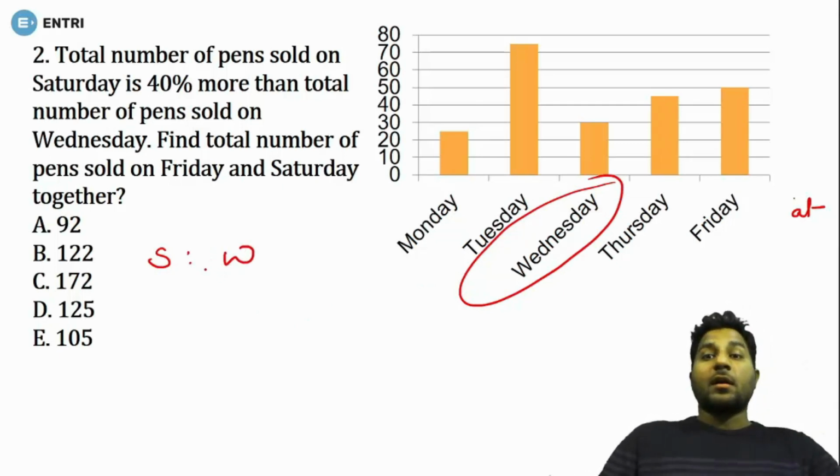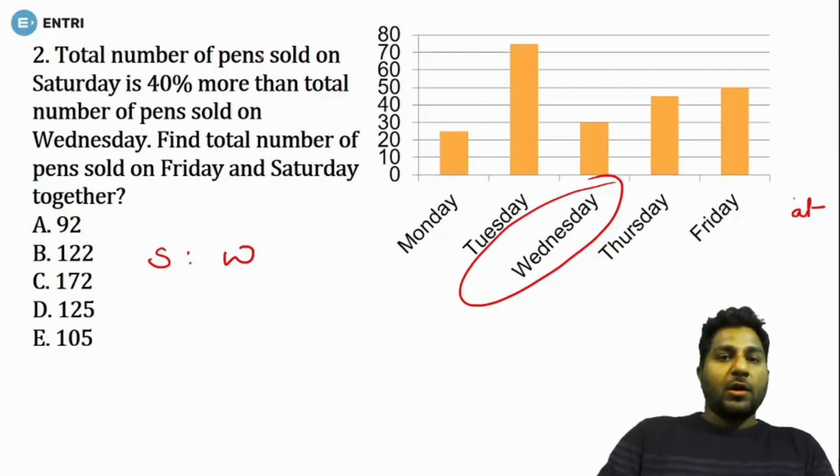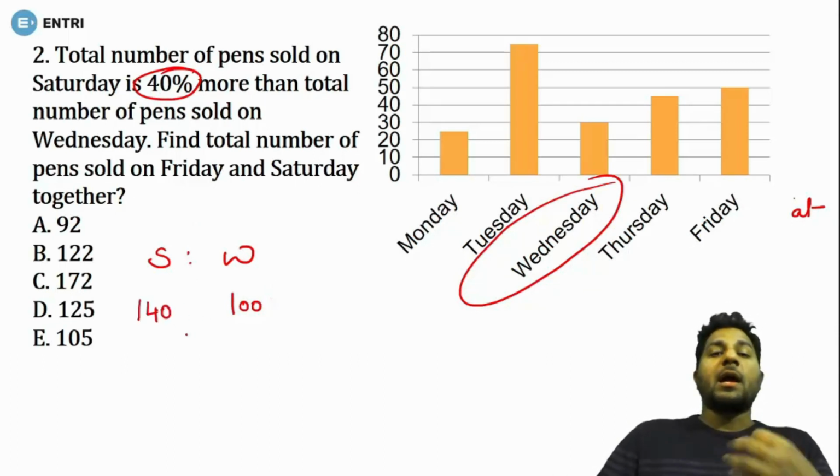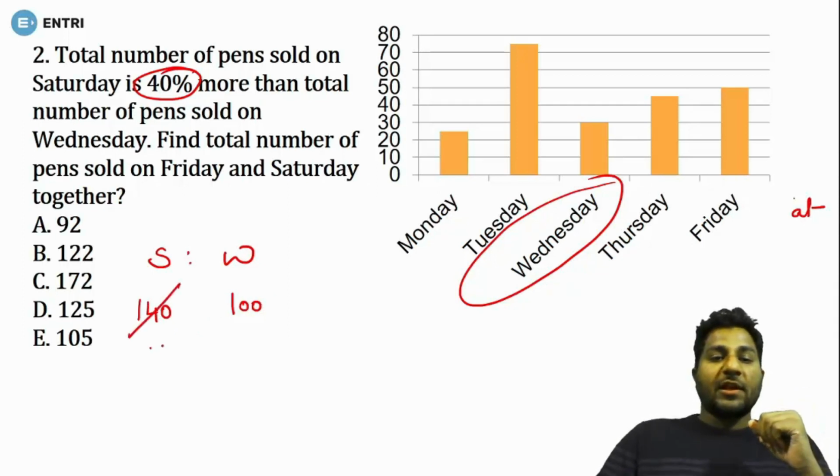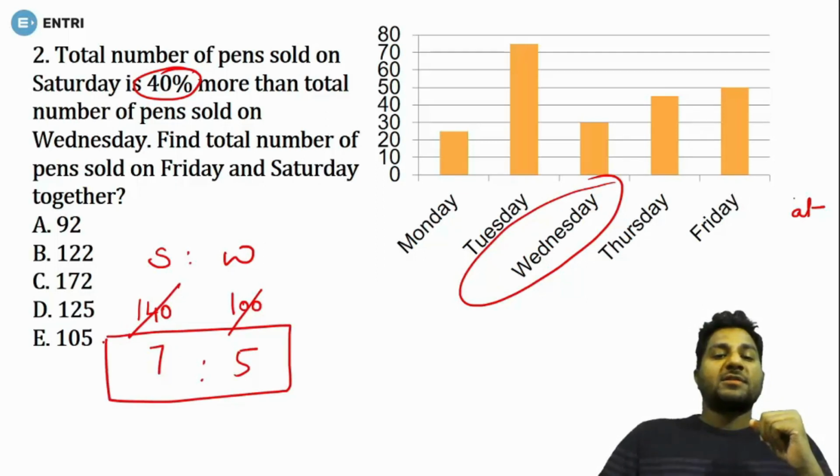I'm using the ratio method so you can understand in a fruitful manner. Total number of pens sold on Saturday was 40% more. That means if on Wednesday it was 100%, on Saturday it was 140. So the ratio would become 7:5 for Saturday and Wednesday respectively.